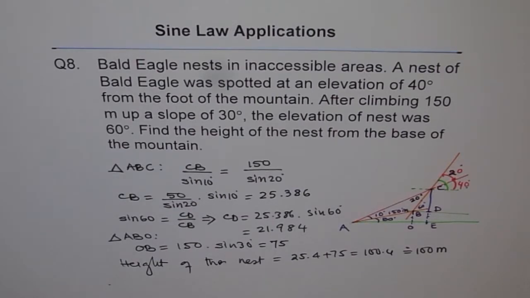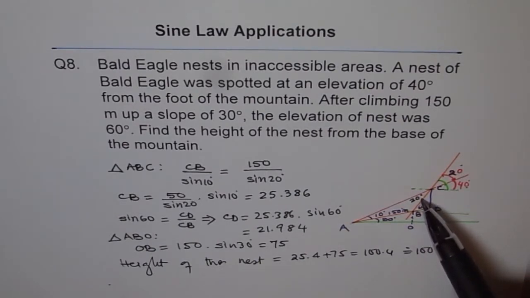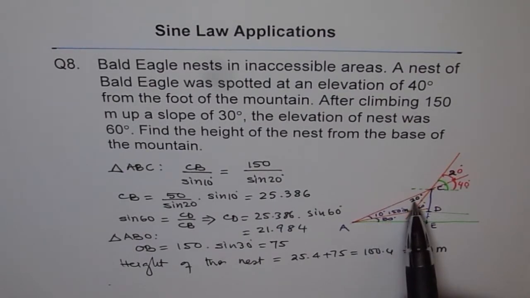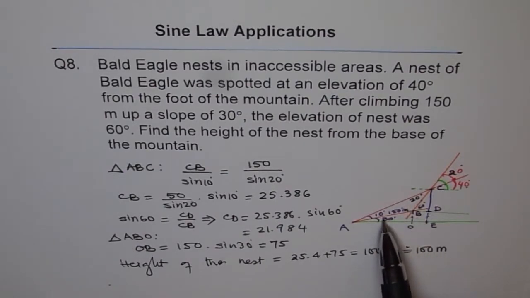So that is how we are going to do these kinds of problems. The critical thing here is to draw a neat and clean diagram. Well, I had limited space, so I've drawn a very small diagram here, but I should have made a bigger one. And then figure out the angles. The best way to find this angle is to use these two angles of elevation, right? So basically you find the difference of these two angles of elevation, correct?